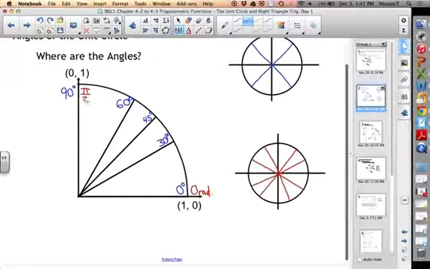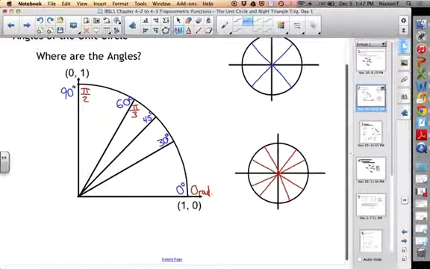Pi over 2. And now if you just think in terms of what would I have to divide 180 by to get this angle? So, what would we have to divide 180 by to get 60? We'd have to divide by 3, so it is pi over 3. 180 divided by 3 is 60, so pi over 3 is the same thing in radians.